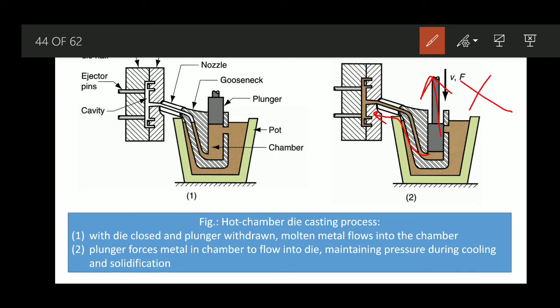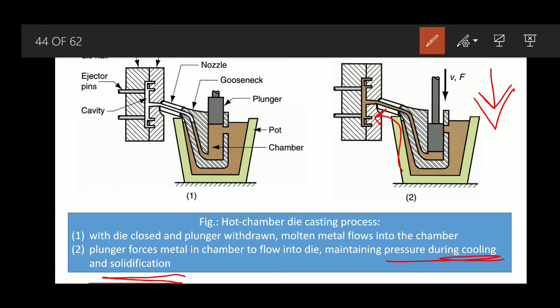Rather, we move the plunger so that it forces the molten metal to enter the cavity, and we keep that force maintained for a certain amount of time, depending on the type of metal and the shape, size, etc. Based on that, we maintain the pressure during the whole cooling and solidification process.